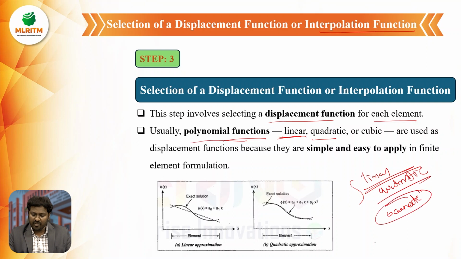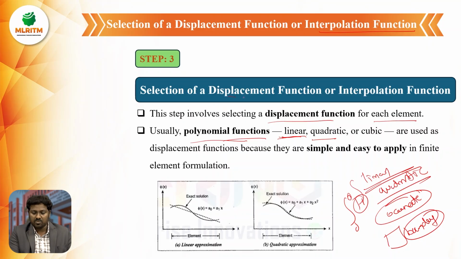Every element has some boundary conditions, so we solve each element individually and combine all the elements to get the exact value. That is the main advantage of these steps involved in FEM.